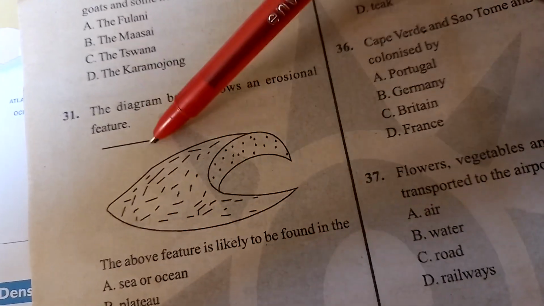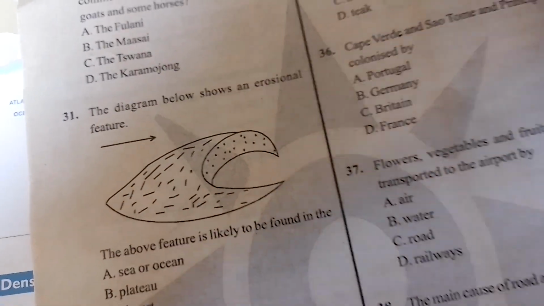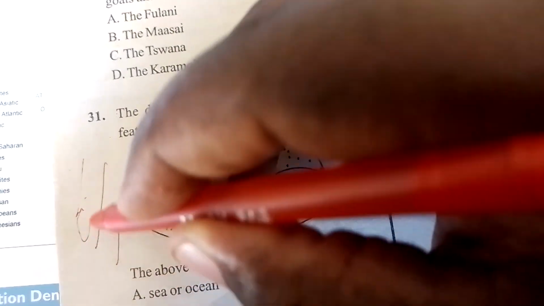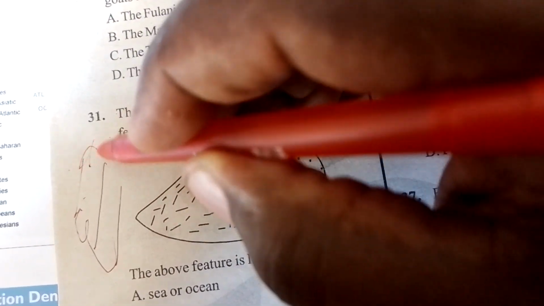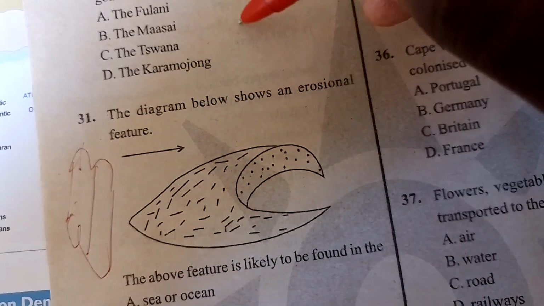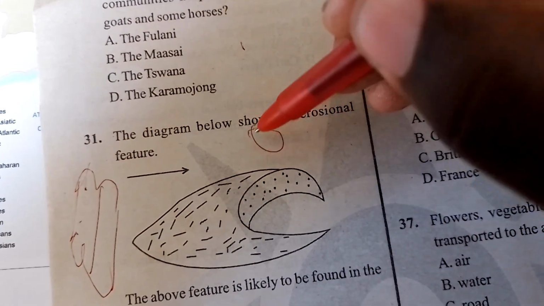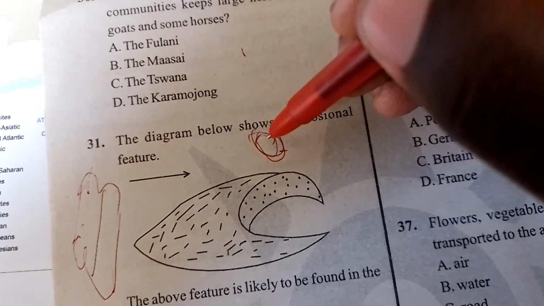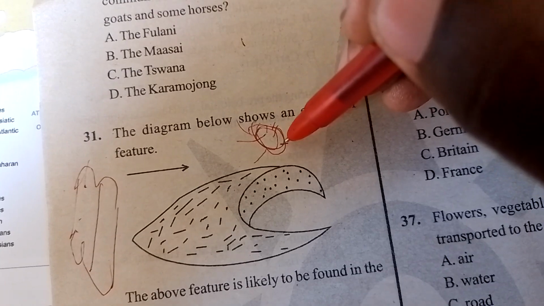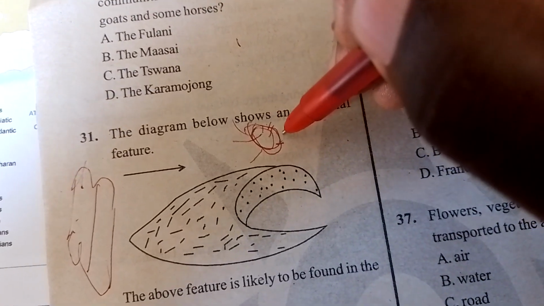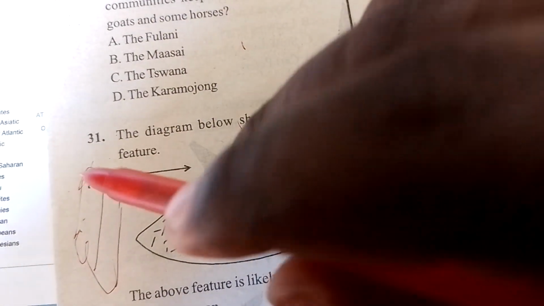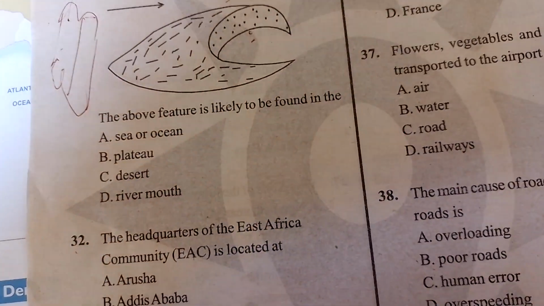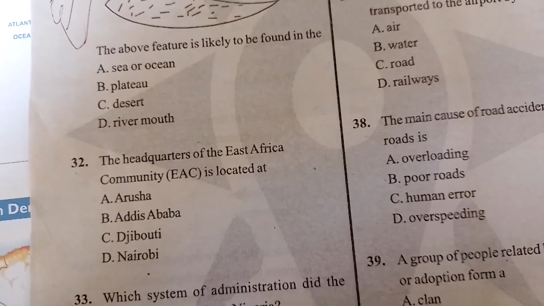Remember, apart from the bajada, we also have sand dunes. The sand dunes are drawn like this. We also have an oasis. This is one of the most fertile lands in a desert, rich in water. So we have an oasis, a bajada, and the sand dunes. The three are formed due to water or wind action.